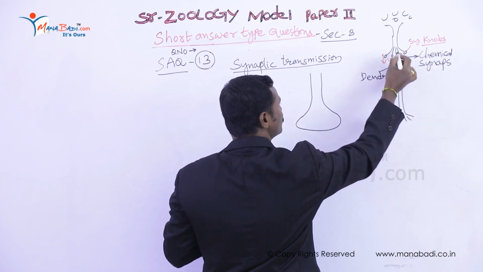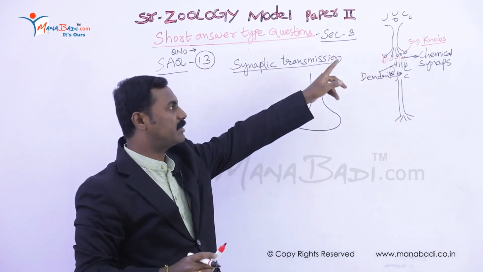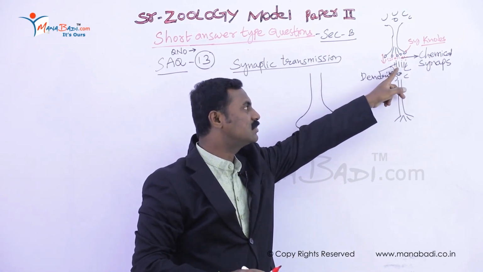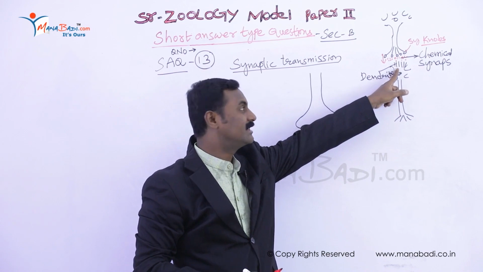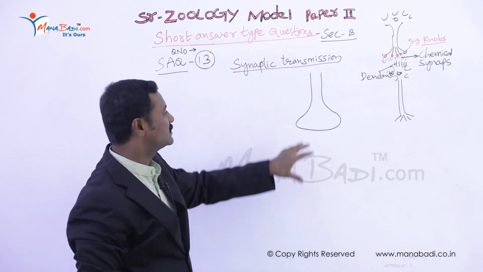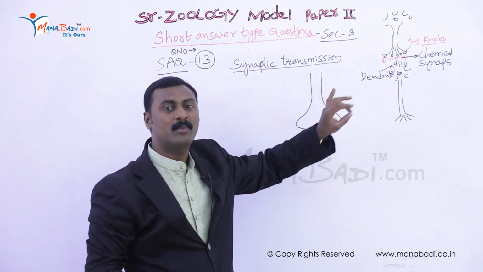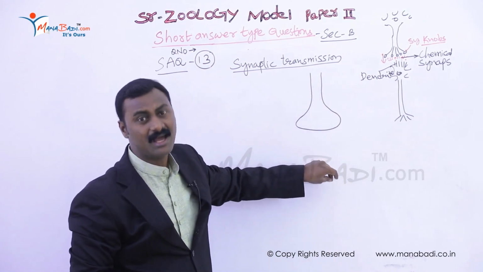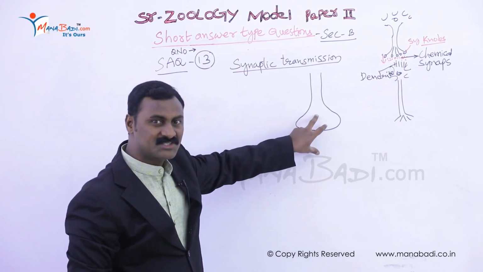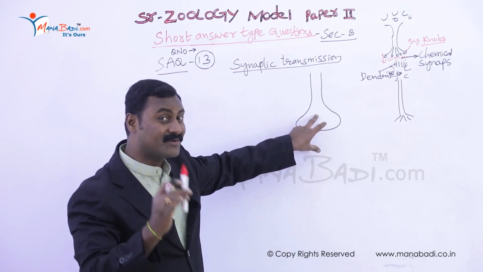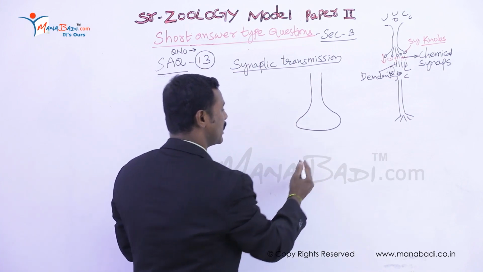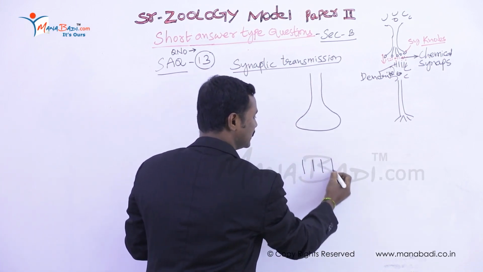So from axon terminals of one particular neuron, a signal is sent to another neuron. This process is called synaptic transmission. Especially here we are discussing the action happening in the chemical synapse. There is a gap. Structurally it is a gap, but functionally it works like a bridge. That is the important point we have to see here.